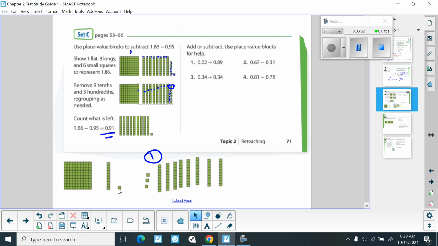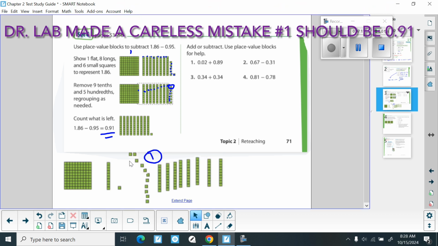1, 2, 3, 4, 5, 6, 7, 8, 9/100. Oops. So 1, 2, 3, 4, 5, 6, 7, 8, 9, 10, and 11.